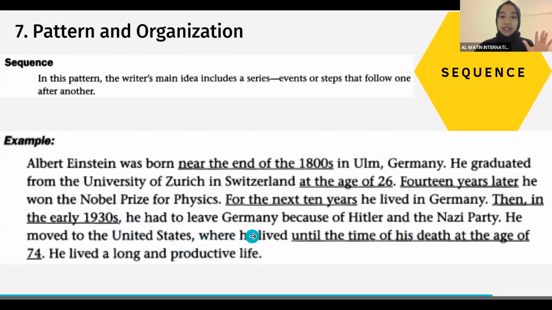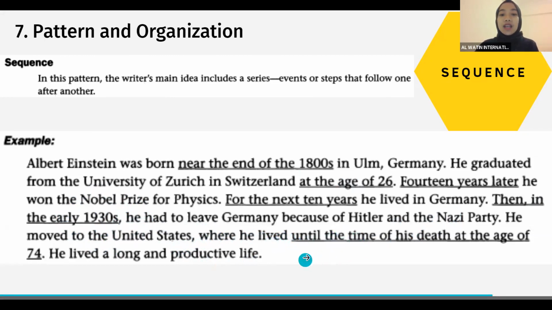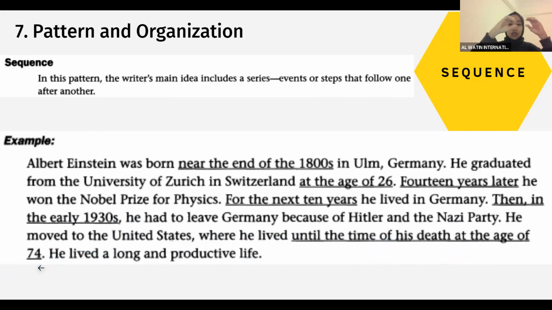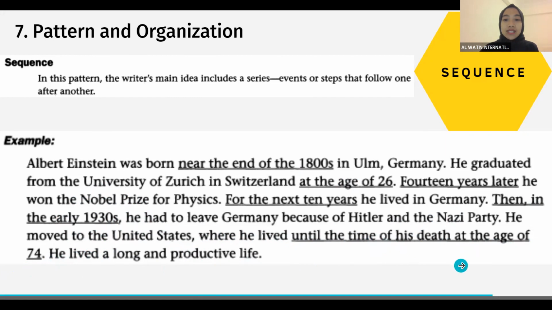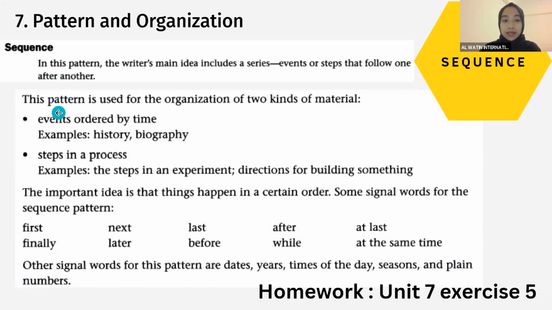He moved to United States, and then at the end, instead of using finally, here they write until the time of his death, because it's a biography, until the time of his death at the age of 74. So yeah, that's sequence. You write it year by year or time by time. That's sequence. So any question for sequence?